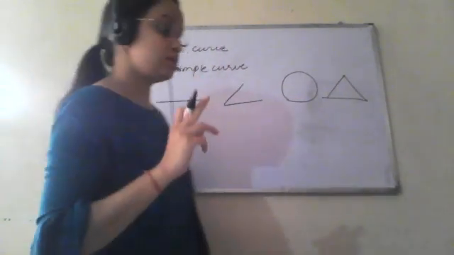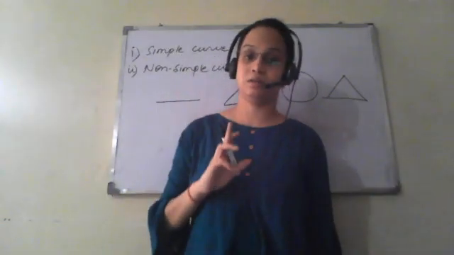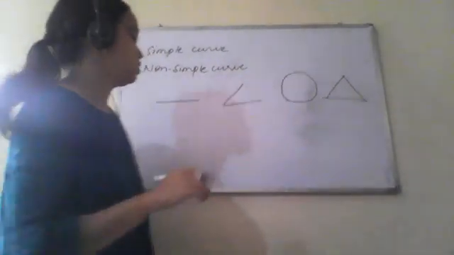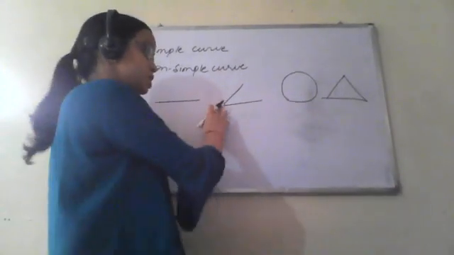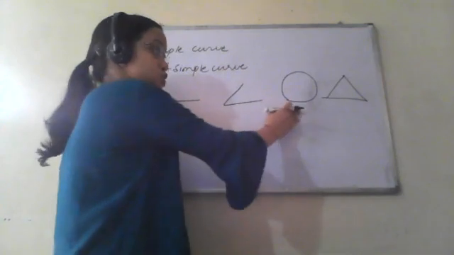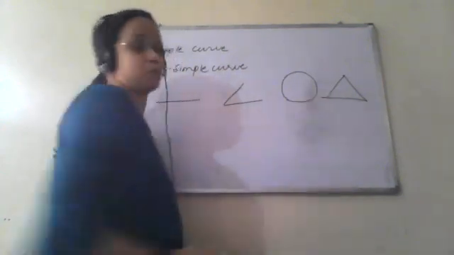Simple curve means they do not intersect themselves. There is no point of intersection.